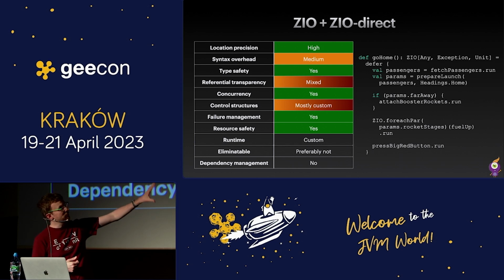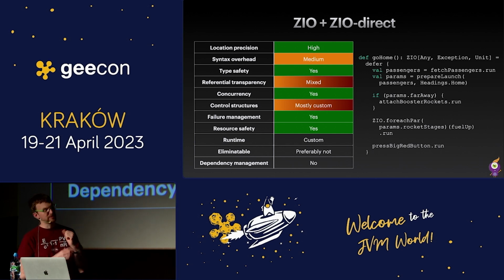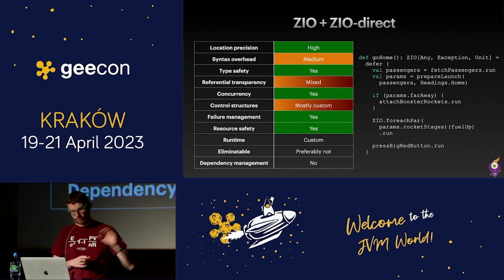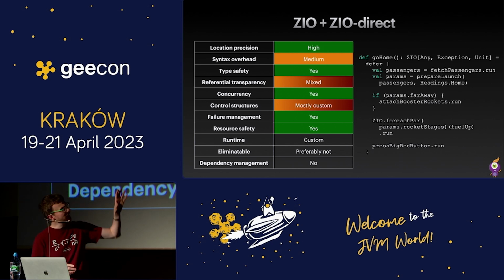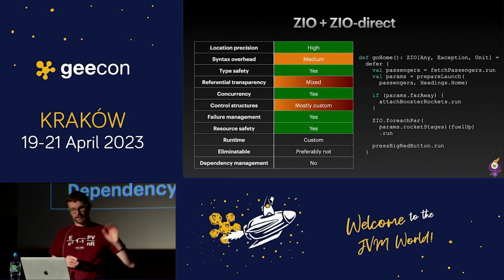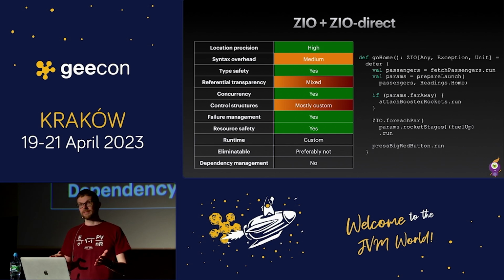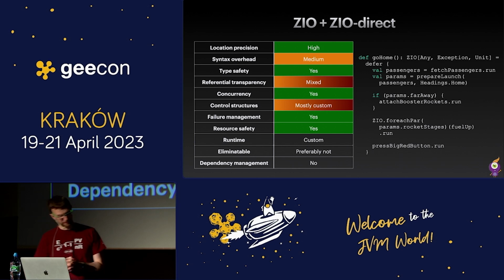And this allows you to write more familiar looking code, let's say, which looks like a sequence of steps. You don't get the same referential transparency, so you don't get the same refactoring benefits, or at least not all of them, as before. You can use some built-in control structures. You cannot use a for loop, for example, but you can use an if.